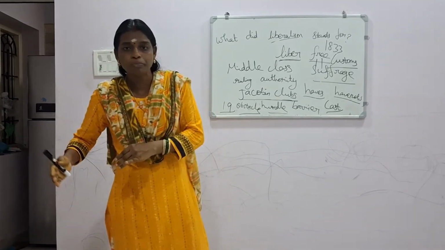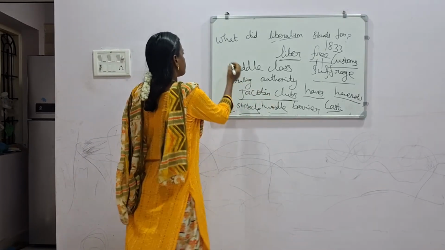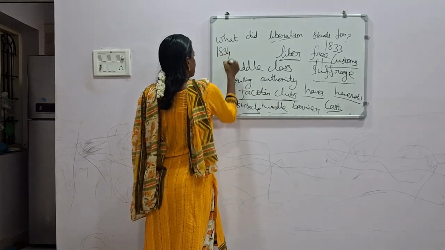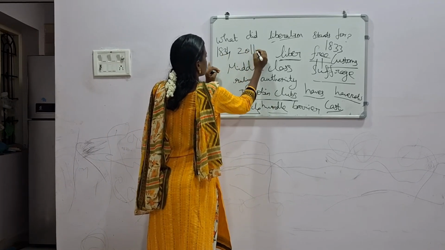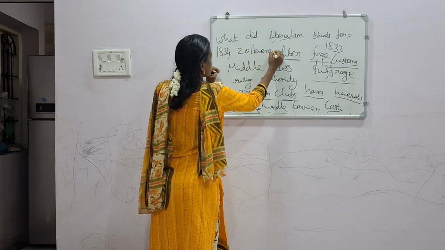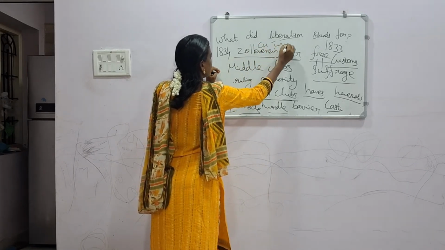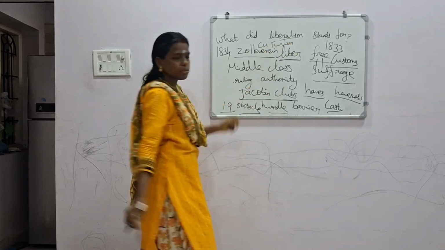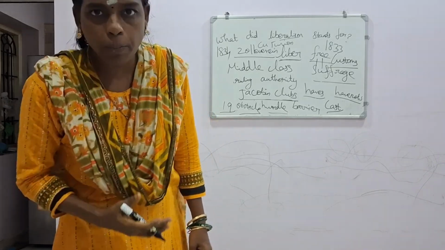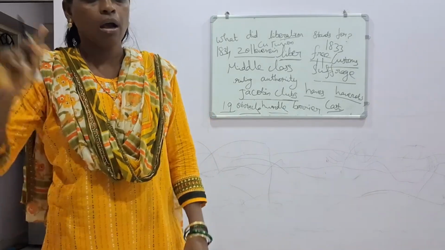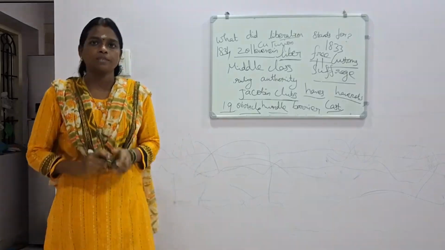They take steps to solve this kind of problem. So first, in 1834, the Zollverein or custom union was established to sort out the problems which occurred over trade and commerce.